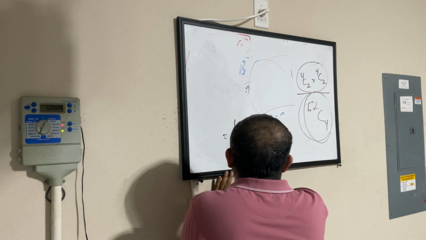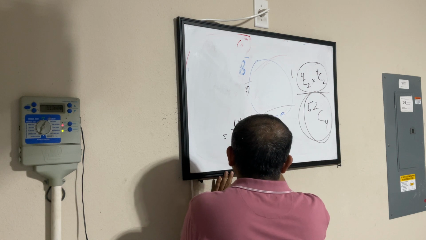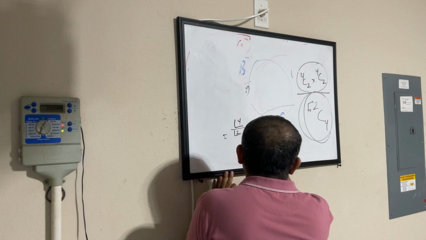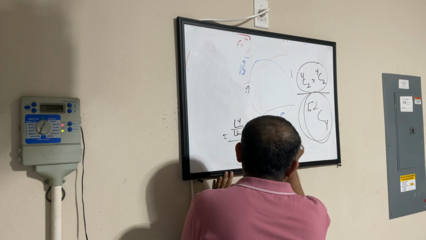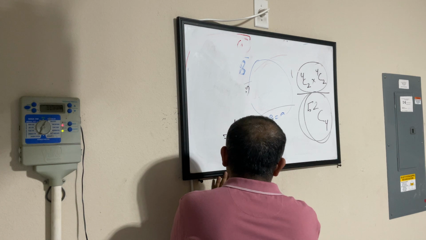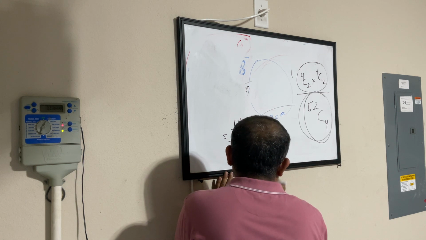4C2 is 4 factorial by 2 factorial, (4 minus 2) factorial, into 4 factorial by 2 factorial, 2 factorial, divided by 52 factorial by (52 minus 4), 48 factorial, and 4 factorial.